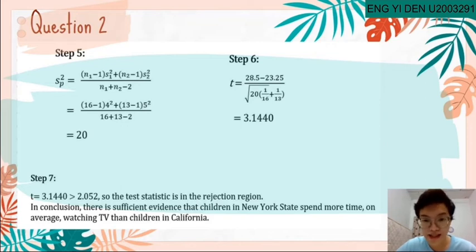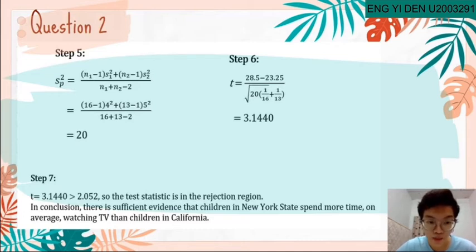For step 6, we have to find the t statistic, where the t formula is sample mean 1 minus sample mean 2 over the square root of pooled variance times (1 over n1 plus 1 over n2). We substitute the numbers and we will get 3.1440.